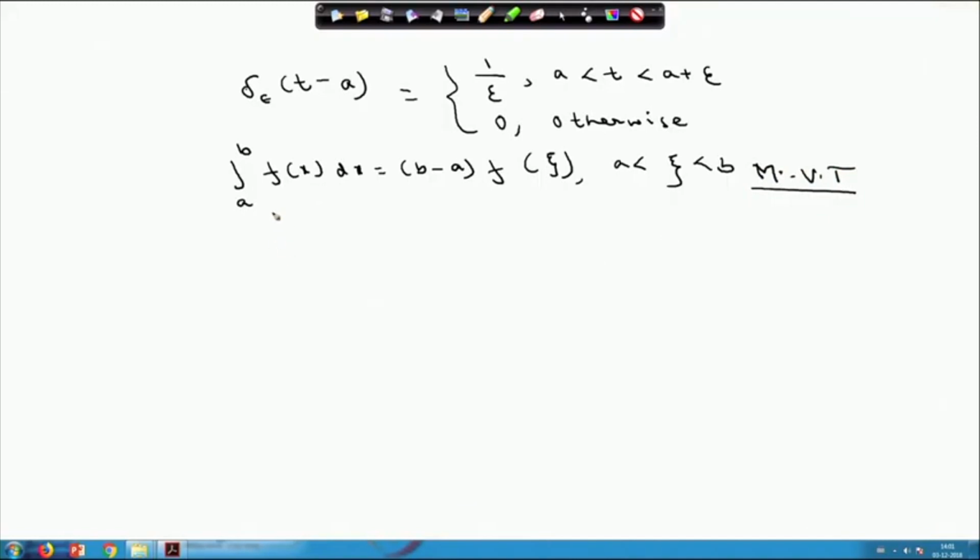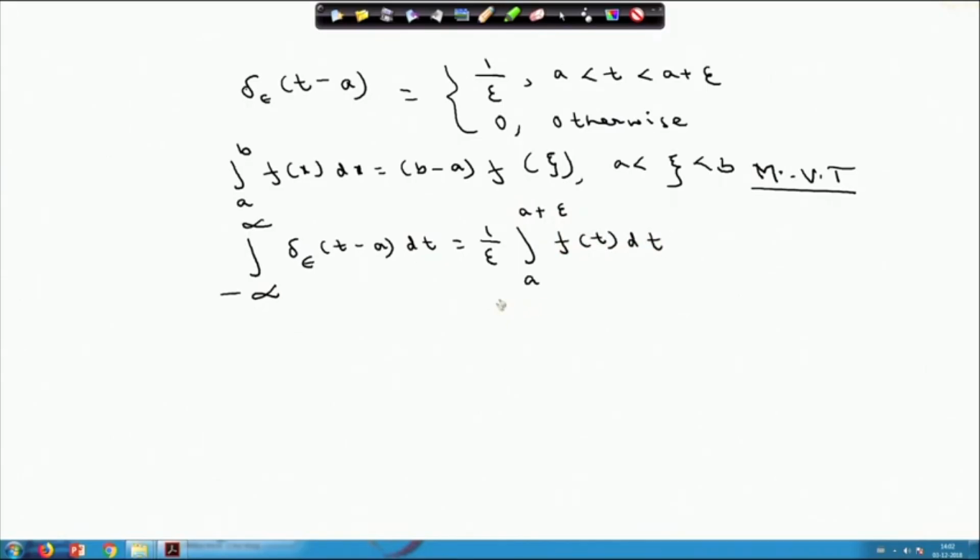So, if I use this mean value theorem of integral calculus, then you can write down, by integrating on both sides, the Dirac delta function t minus a into dt. This equals 1 by epsilon into integral a to a plus epsilon f t dt.